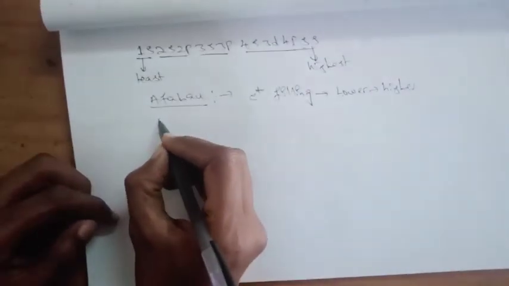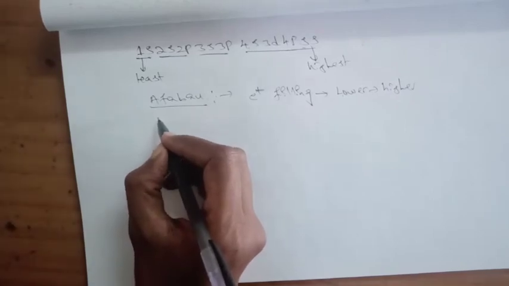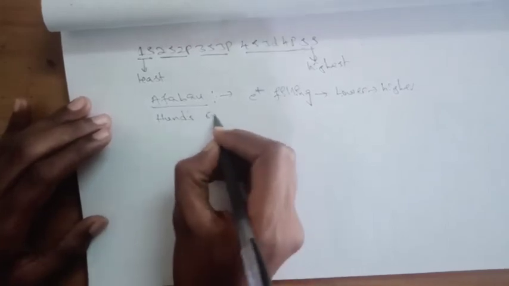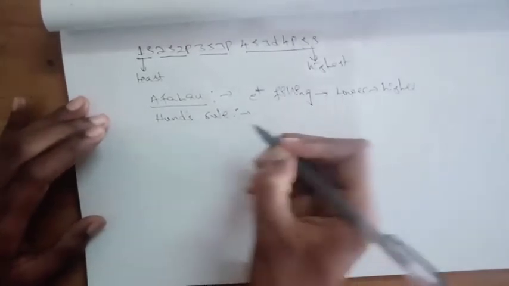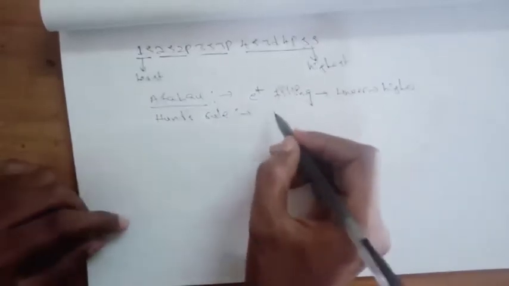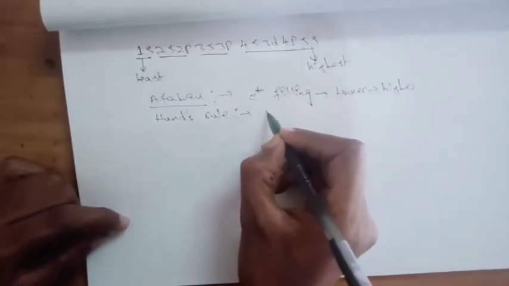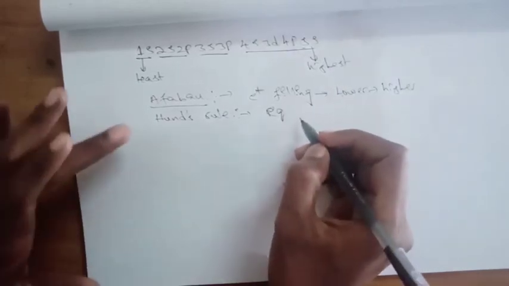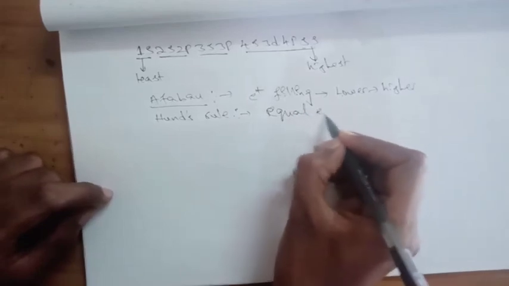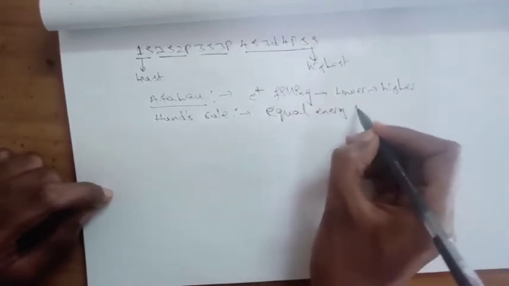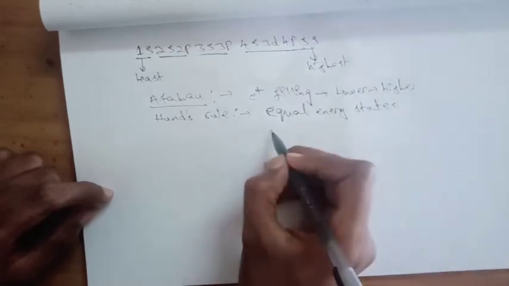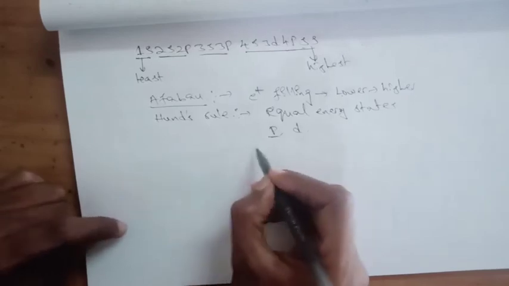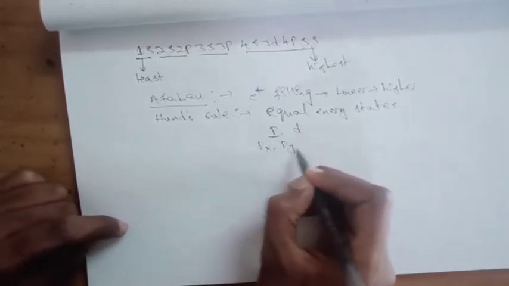The second thing is Hund's rule. It specifies how to fill electrons in equal energy states, like in the p orbital and d orbital. In the p orbital we have three orbitals: px, py and pz.